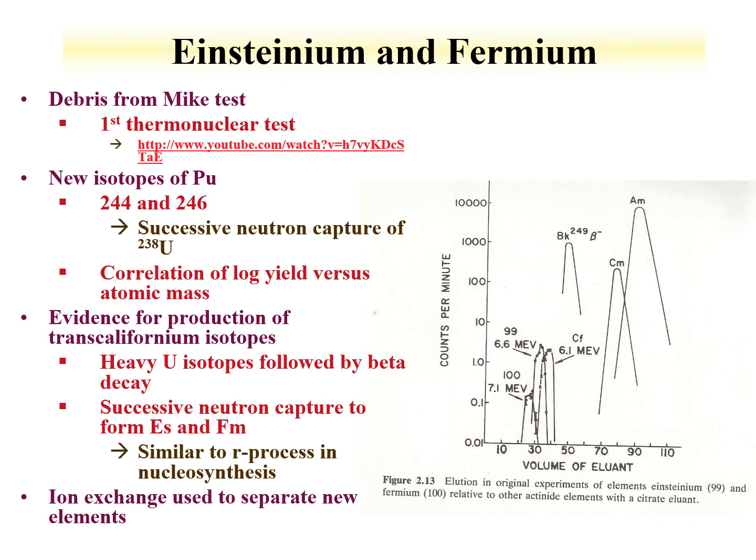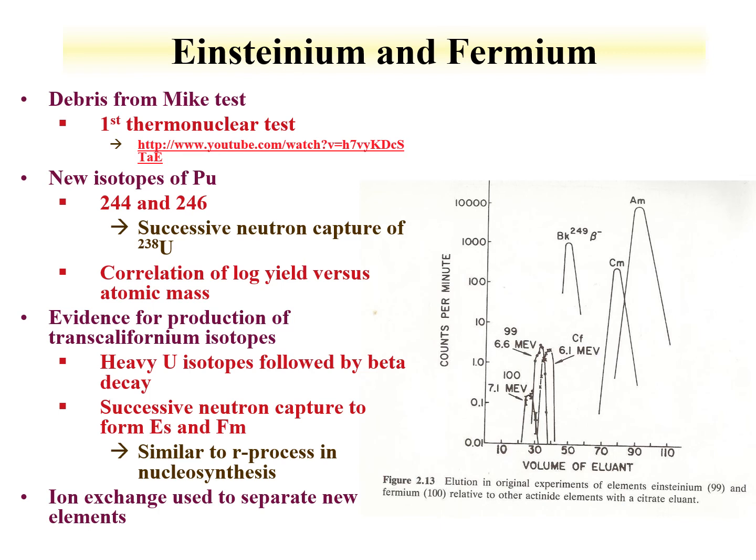This was the first time there was production of trans-californium isotopes. So you would make these heavy uranium isotopes followed by beta decay. They made einsteinium and fermium. As we will discuss in nuclear processes, this is similar to the r-process, the rapid process that stars go through, and how elements are made.